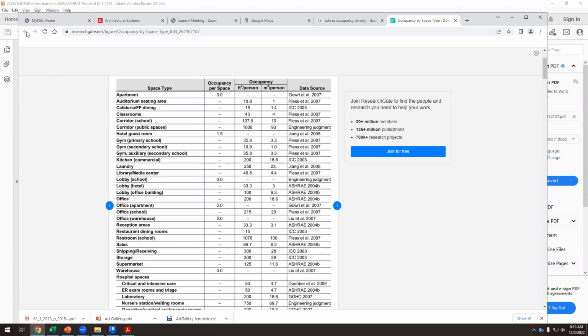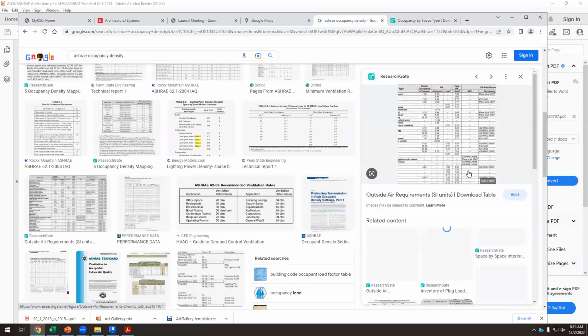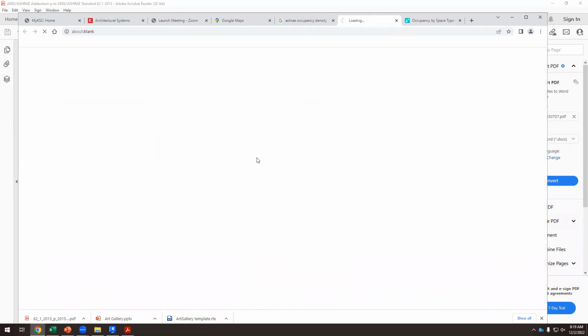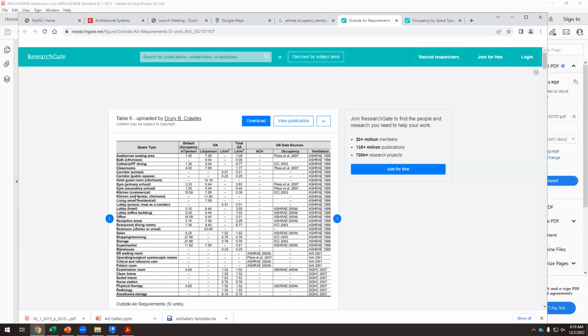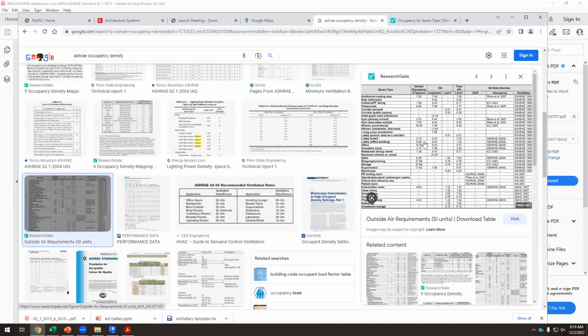We can try to find more tables. But this is in square meters, so this is not the right one. Let me see this one. No, it's square meters.